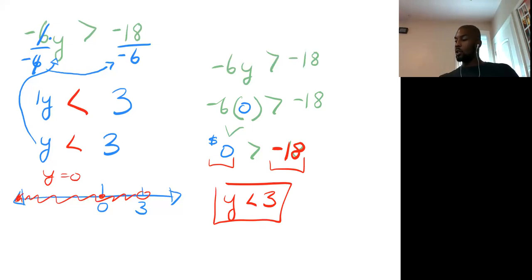Okay, let's do one more. Here we go. We got 3b is greater than or equal to 21. All right, let's give you 15 seconds to see if you can solve this.